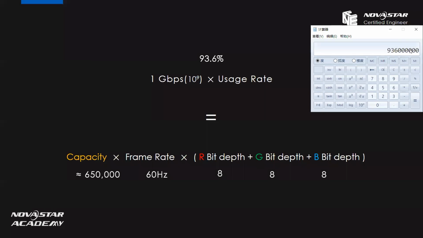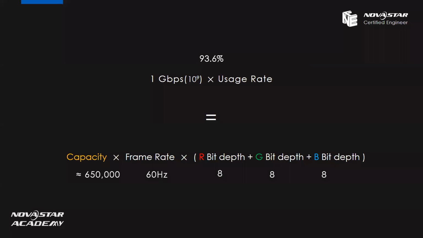This time divided by 50 Hertz, and the color depth 8×8×8=24. After calculating, we can find if the frame rate is 50 Hertz, we can get the capacity is 780,000 pixels.